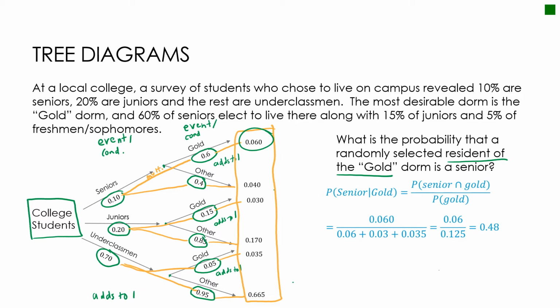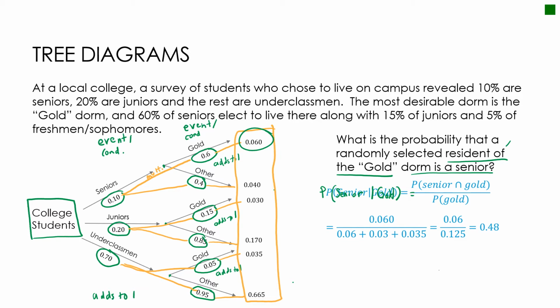Again, this is conditional because they're telling me that it's a resident of the Gold Dorm. So it's the probability of something given Gold, and the something is that the person is a senior.